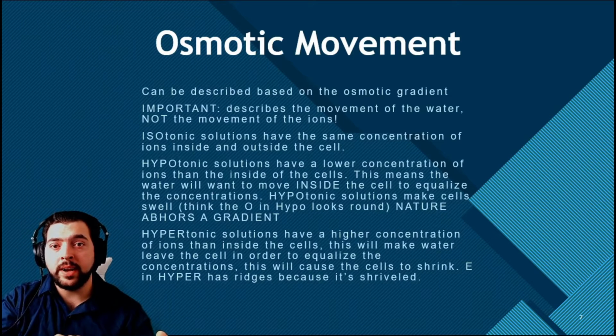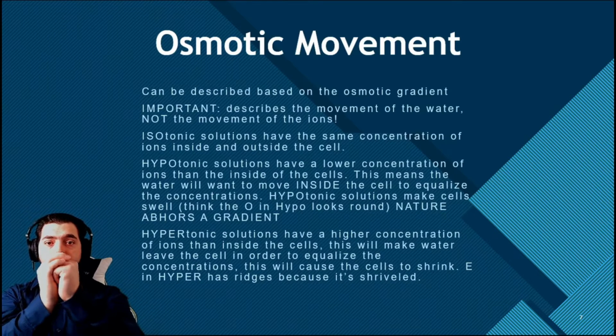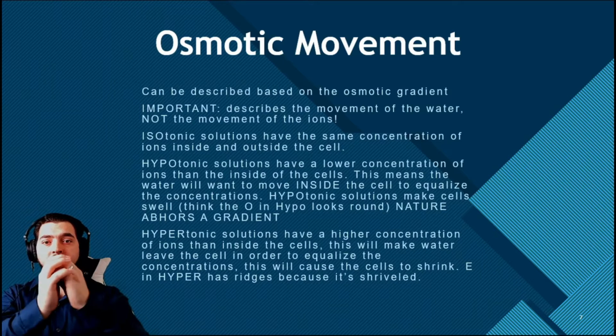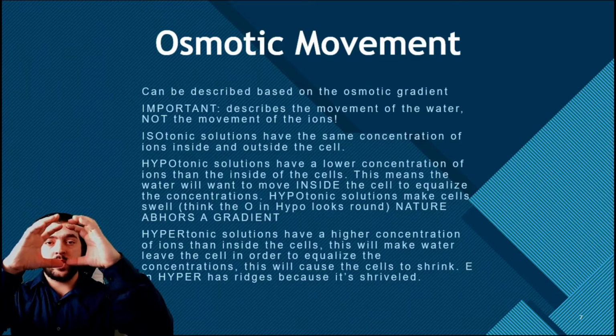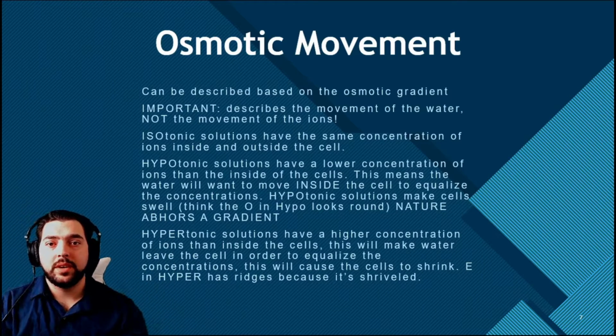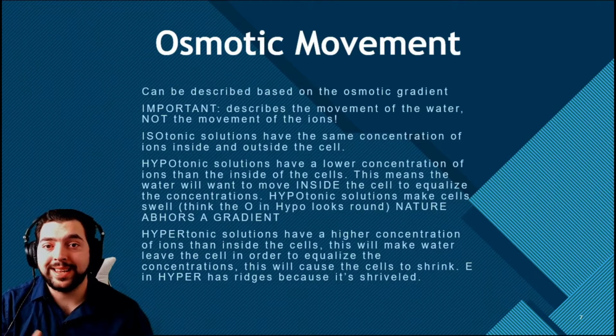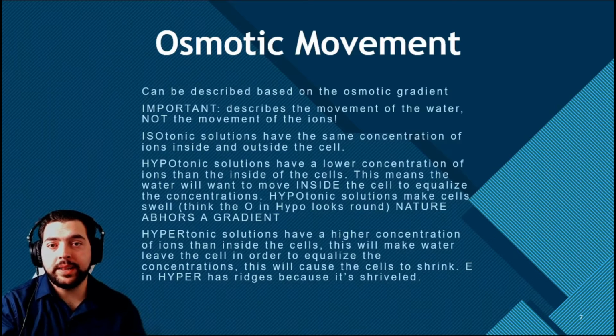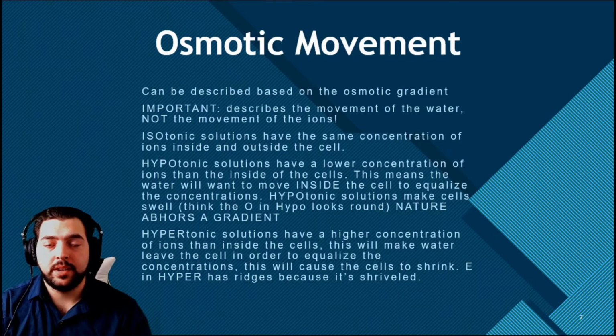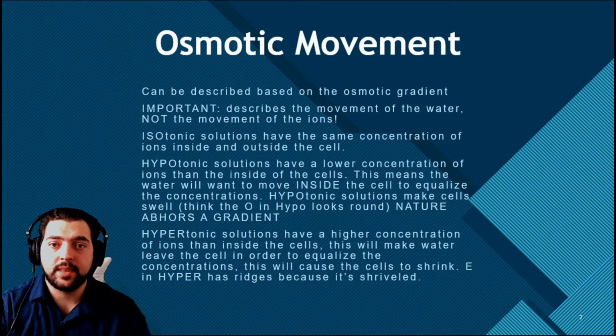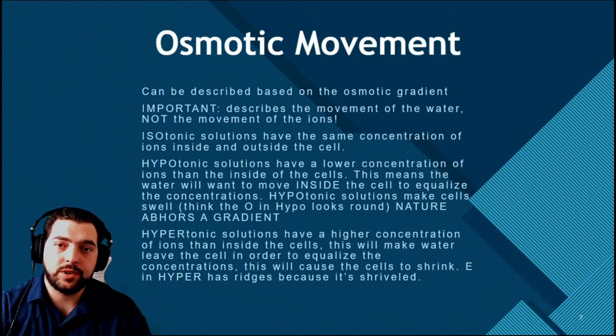Because water flows downhill, right? And so the cell is going to grow because it's filling with water. It's going to grow and grow until it bursts. In the case of blood cells, we call that hemolysis. Hemo meaning blood, lysis meaning destruction. So death of the blood cells. That's what a hypotonic solution does.